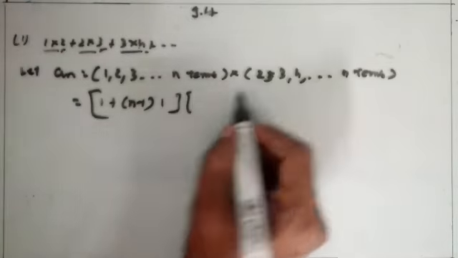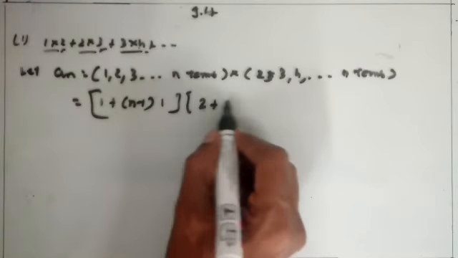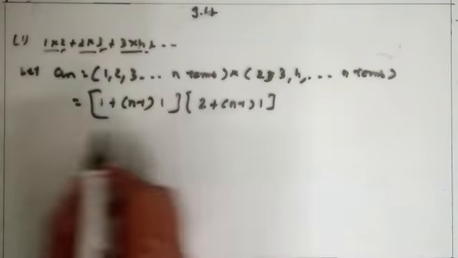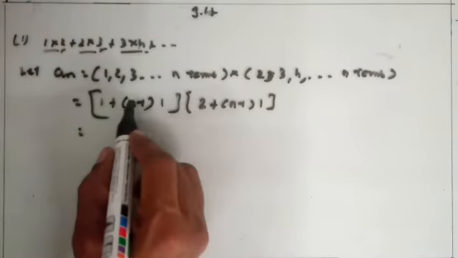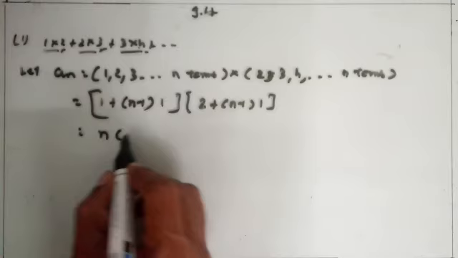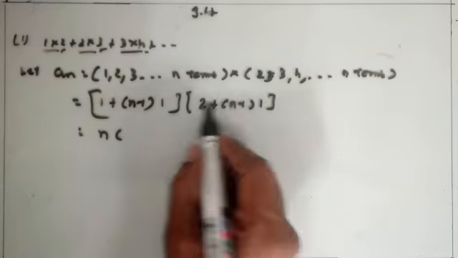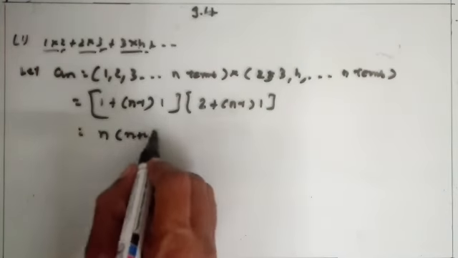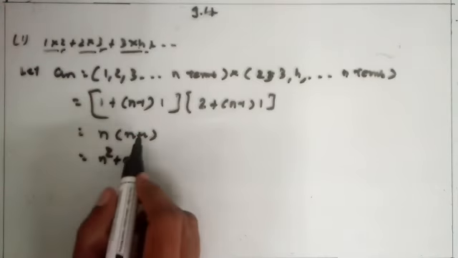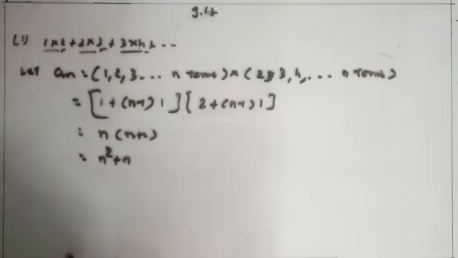Into, for the second, the first term is 2 plus (n minus 1) into the common difference 1. Now simplify: 1 plus n minus 1 is n, into 2 plus n minus 1 becomes n plus 1. So it is equal to n square plus n. So the nth term is an equal to n square plus n.